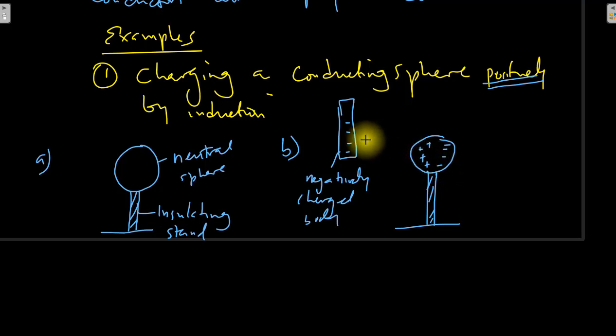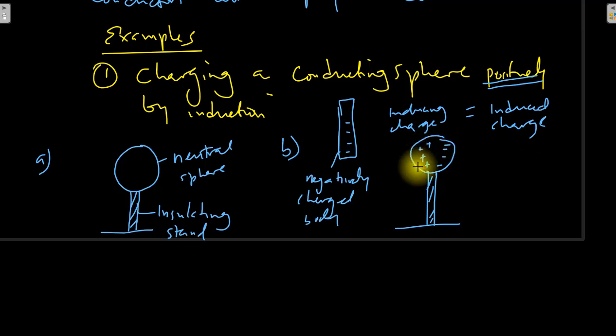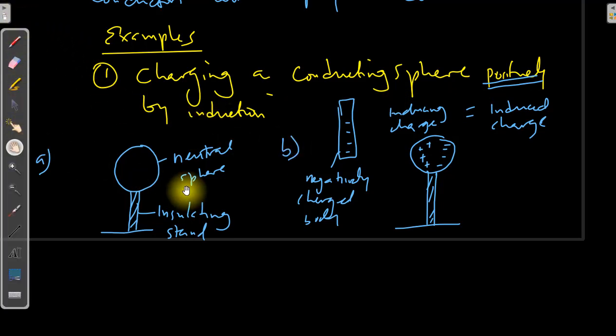It's important to note here that the inducing charge is equal to the induced charge. So I have the same number of charges here as they are in the inducing charge. Basically, there will be almost an infinite number of charges here, so we only have to make sure that the inducing charge is equal to the induced charge. That's my second step in the process.